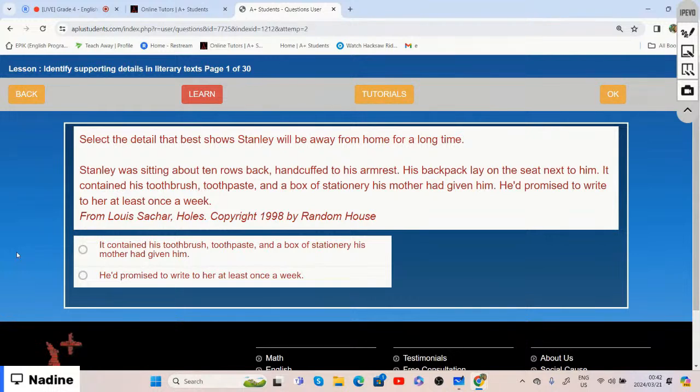So if we look at the details, right? What shows that Stanley will be away from home for a long time? Is it because it contained his toothbrush, toothpaste, and a box of stationery his mother had given him, or he'd promised to write to her at least once a week? So we need to say what will show that he will be away for a long time.